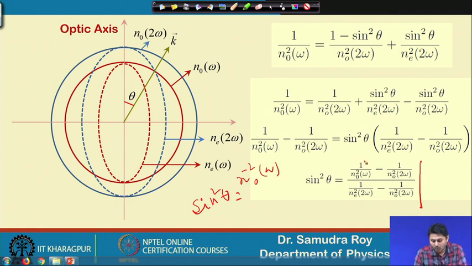Please note that 1 by n_o squared is just represented as n_o of minus 2, to reduce the complexity of these expressions. This is the outcome that we derived here.